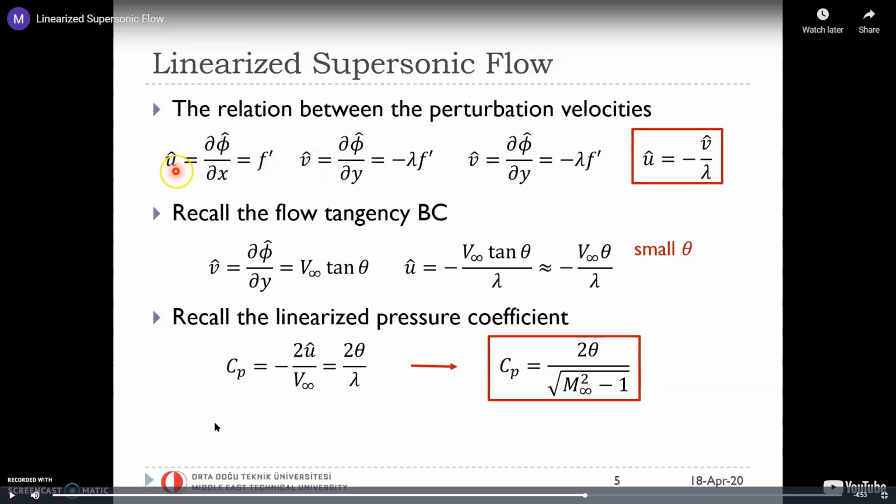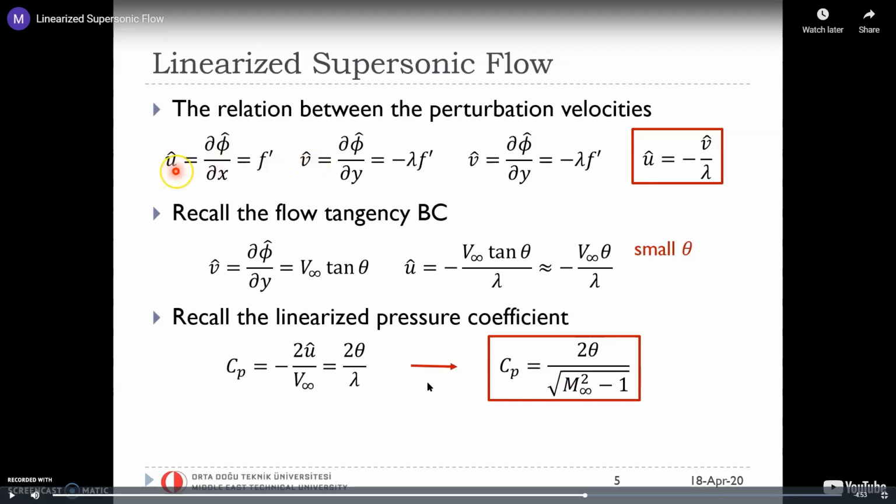We said this solution will be of the form x minus lambda y, for example. Whatever that function is, a function of x minus lambda y, we are assuming that it's a solution, and we started from there, and we obtained these change of variables, and then in this slide, we related them to U hat, V hat, and all that differentiation.